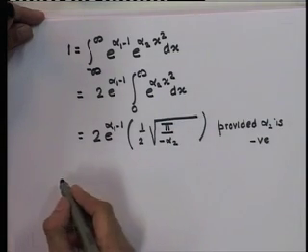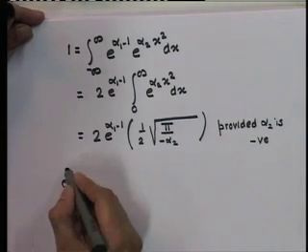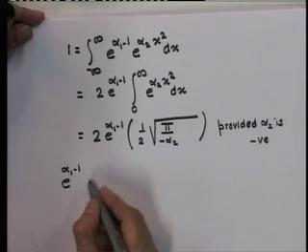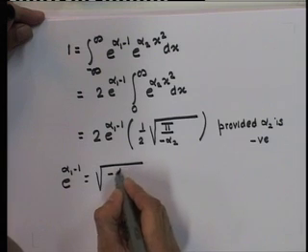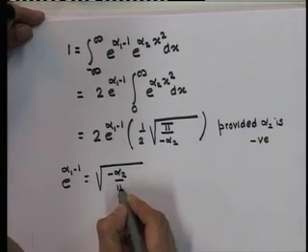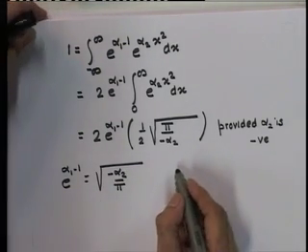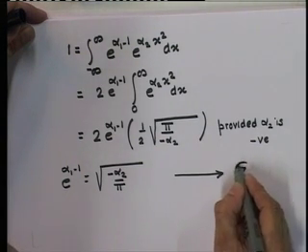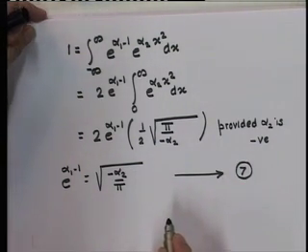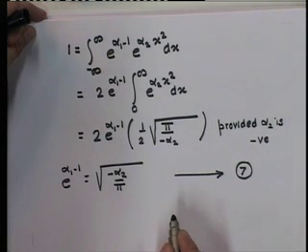So, from this we get e raised to alpha minus 1 is equal to root of minus alpha 2 by pi. This is equation number 7.